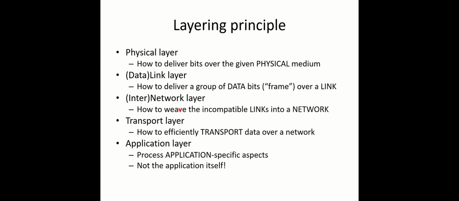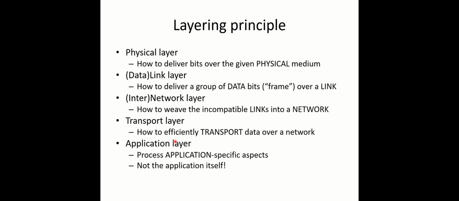So the internetworking layer connects individual roads or links into a network of roads or network of communication links, and then the transport layer has a capability of moving data over the network. Now, finally, the fifth layer, the application layer, uses this transport service to send and receive application data, and the application layer processes all kinds of application-specific aspects.